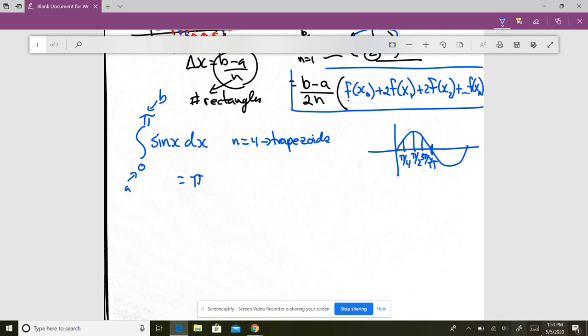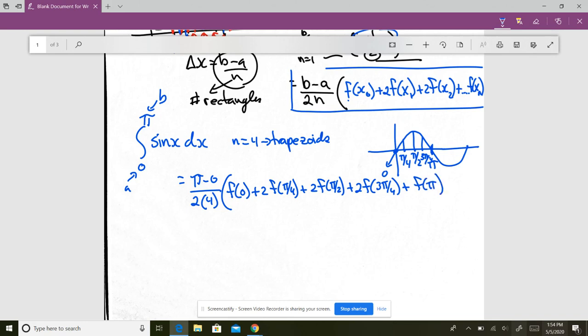So pi minus 0 over 2 times the number of trapezoids, 4, times f of 0, plus 2 f of pi over 4, plus 2 f of pi over 2, plus 2 f of 3 pi over 4, plus f of pi. Coefficients at the end are 1, everything else has a coefficient of 2.